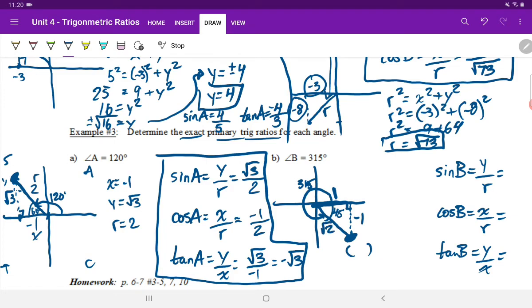That's my 45-degree angle triangle. The only difference is that number is negative 1 because we are in the negative y direction. So we get negative 1 over square root of 2, then 1 over square root of 2, and y over x, negative 1 over 1, which is negative 1. And there you have it.